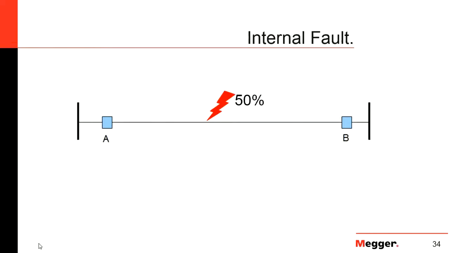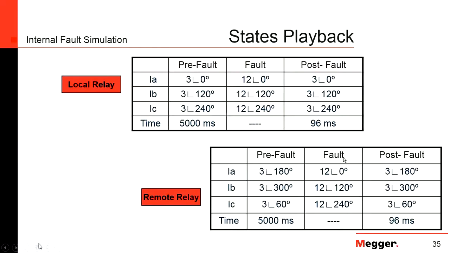In this case, since it is an internal fault, and relay B is looking to the left, in the faulty state that relay will have the current in phase with the current on the local relay. Not in phase, actually 180 degrees apart, but since this one is looking the opposite way, it would be 0. My point is, just keep in mind that in order to create a fault, all you need to do in this case is to reverse the angle.